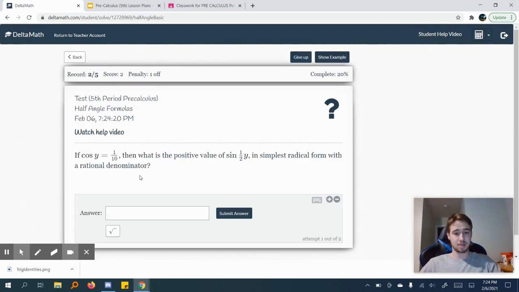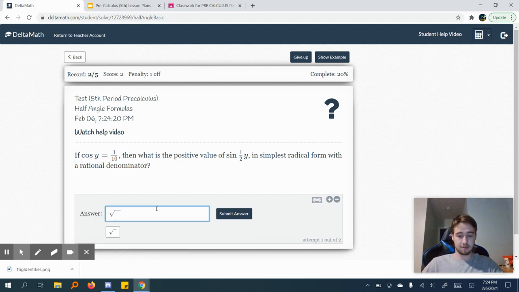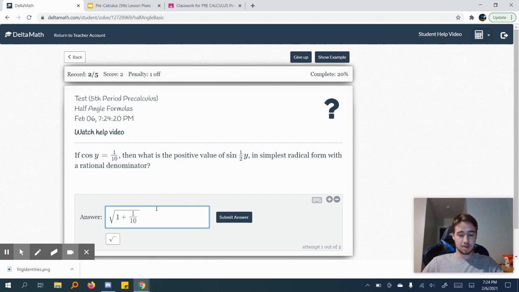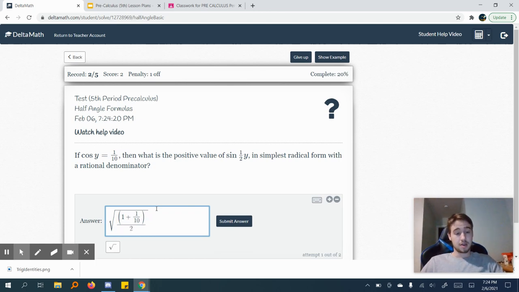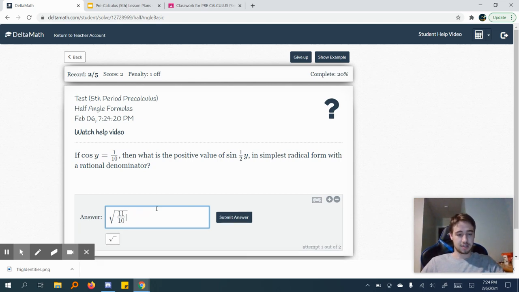Give us the same problem twice. This one, again, same deal, is going to be square root of 1 plus 1/10 all divided by 2. So that's just going to become 11/10 over 2, which is the same thing as 11 over 20.